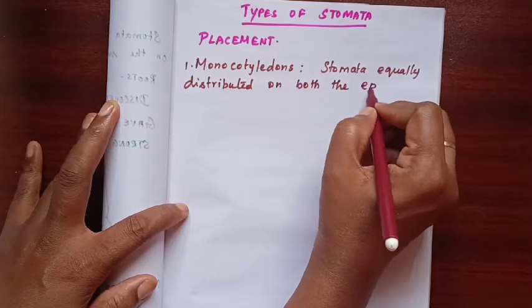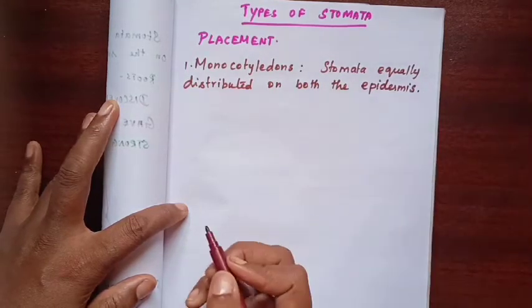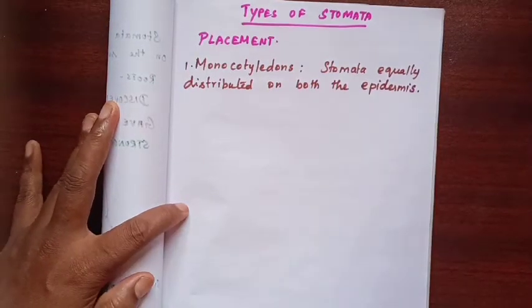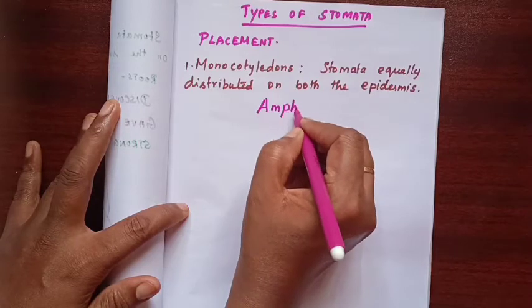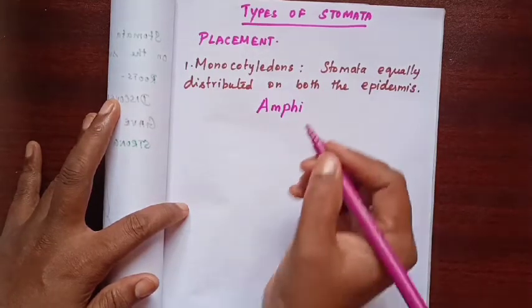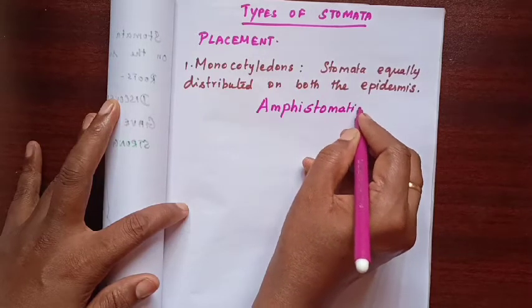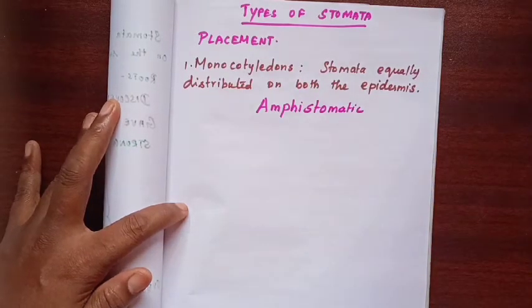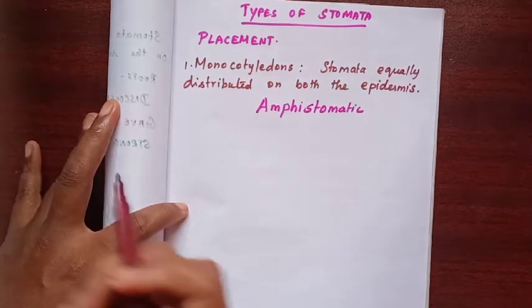That is both on upper and lower epidermis. So on both sides it is present. So the word here is amphi. Amphi means both. Amphistomatic stomata. That means stomata is equally distributed on both the sides of the epidermis, that is on both upper epidermis and lower epidermis.